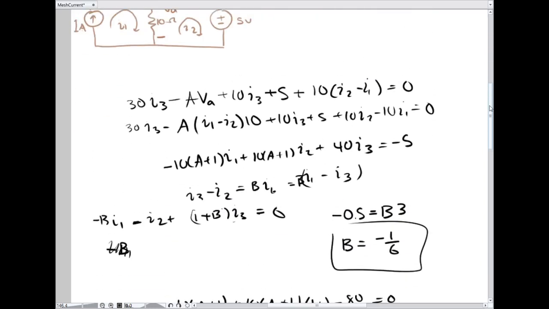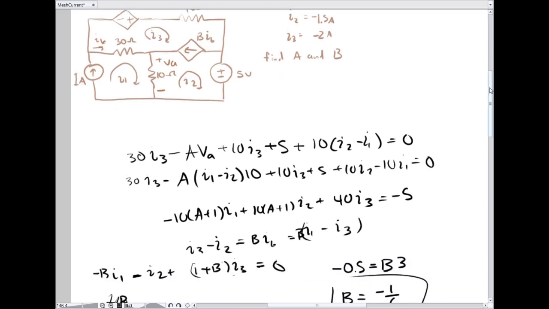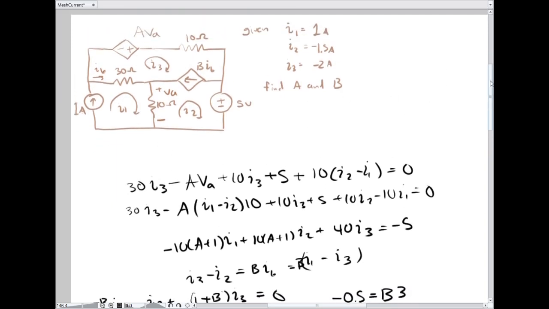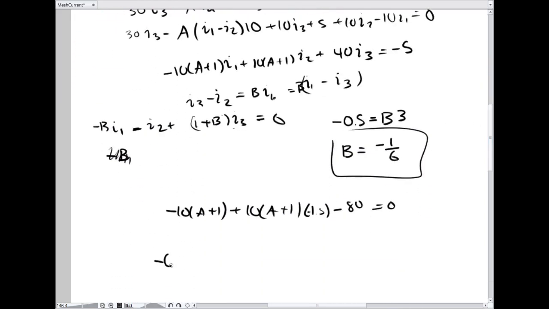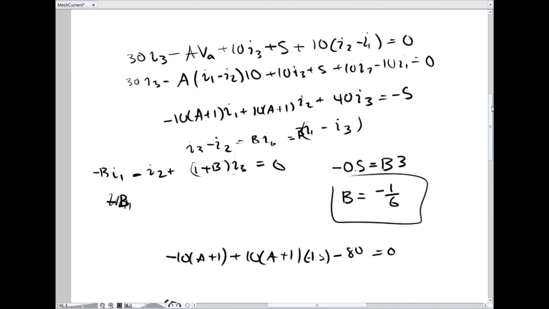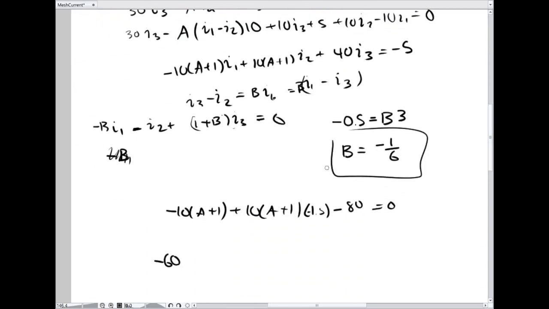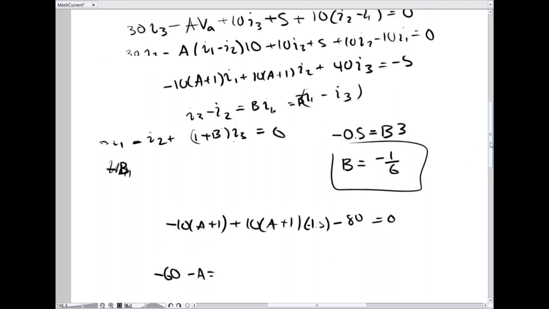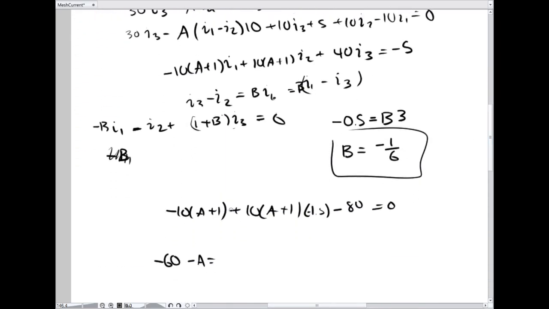You know, it would probably have been better if I just used the top line. I don't know why I did all these unnecessary steps. They're going to stay in the video, but they're unnecessary. So minus 60 minus A times VA, which is equal to 10 times I1 minus I2, which is 10 times 2.5, which is 25.